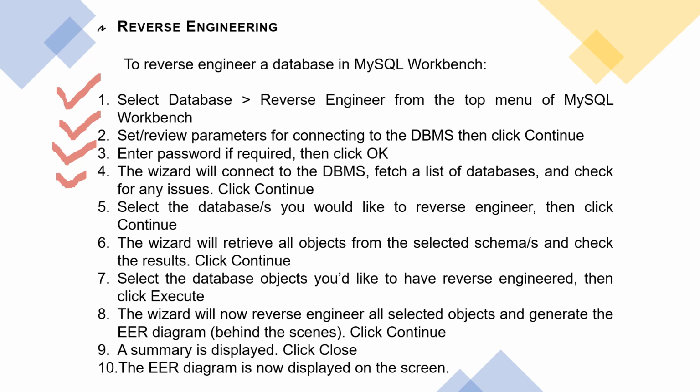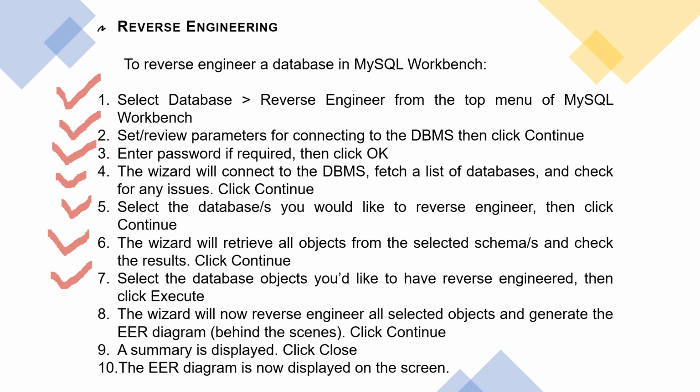The wizard will connect to the database management system, fetch a list of databases, and check for any issues, then click Continue. Select the database you would like to reverse engineer, then click Continue. The wizard will retrieve all the objects from the selected schemas and check the result, then click Continue again.